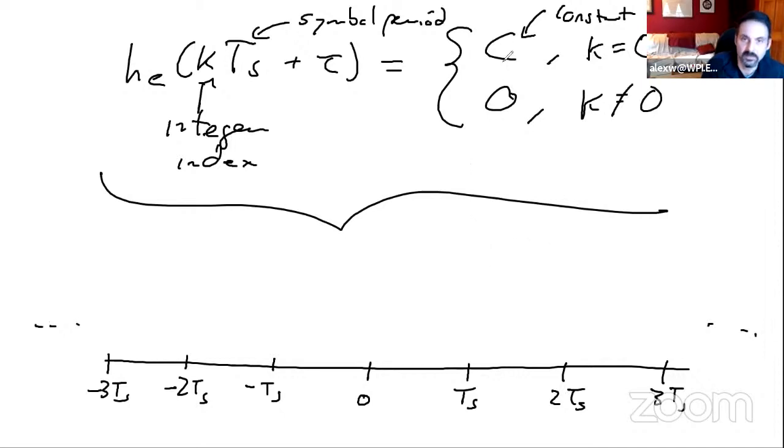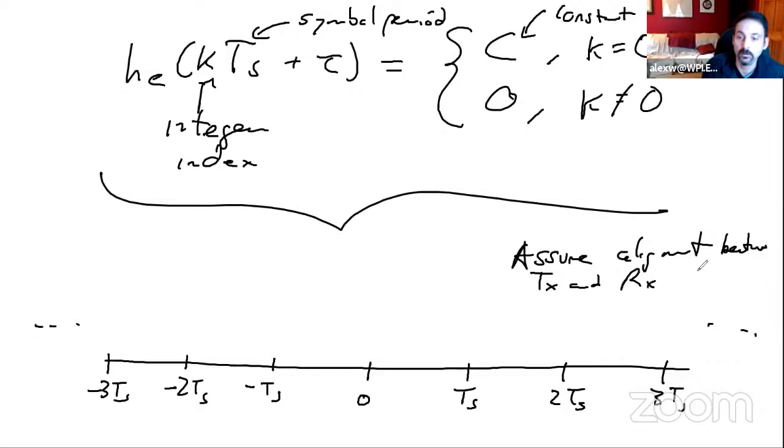So what this means, let's assume alignment between TX and RX clocks has already been performed.